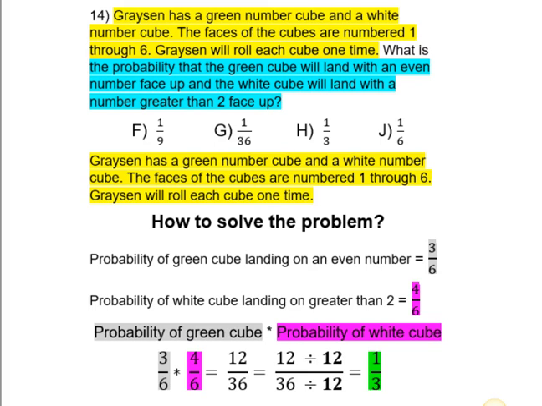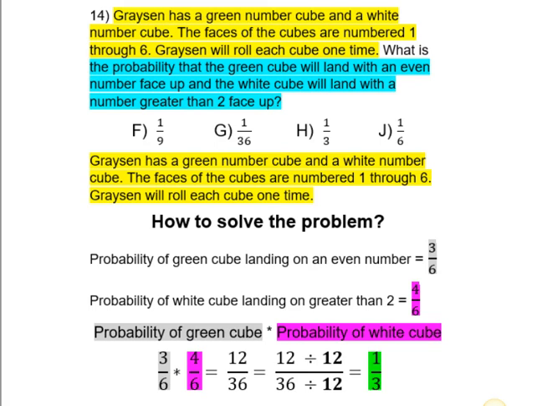That's 3. And the total number of faces of the cube is 6. So for the probability of a green cube landing on an even number, we have our fraction 3/6.